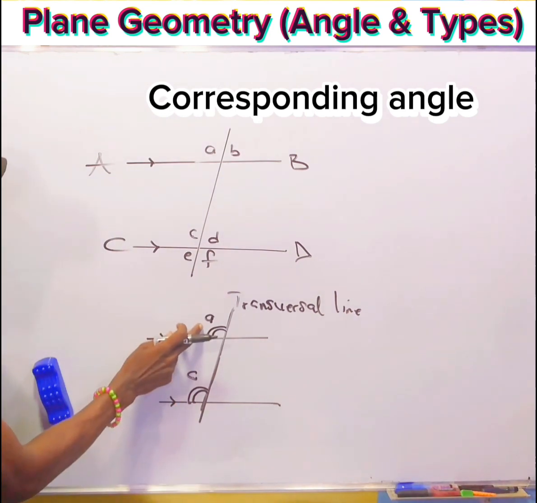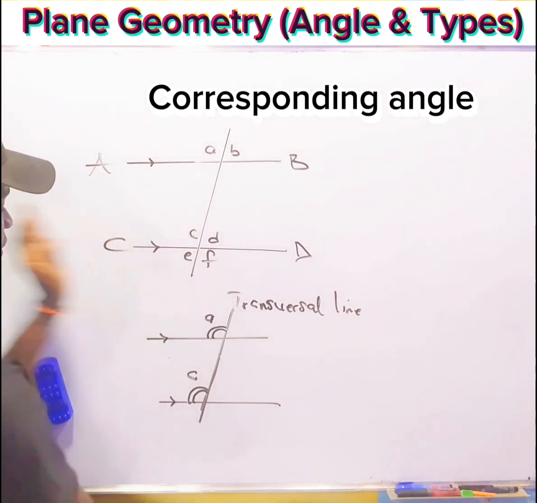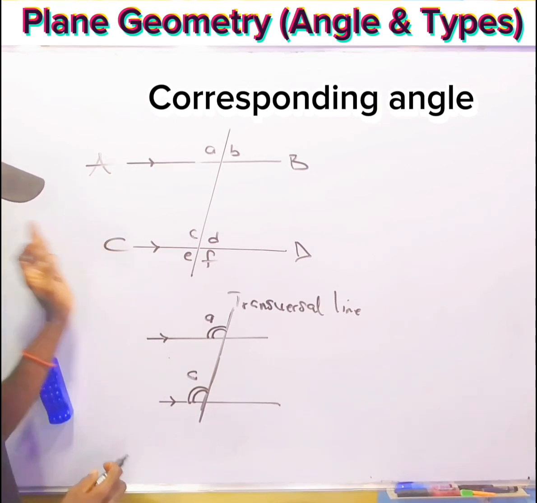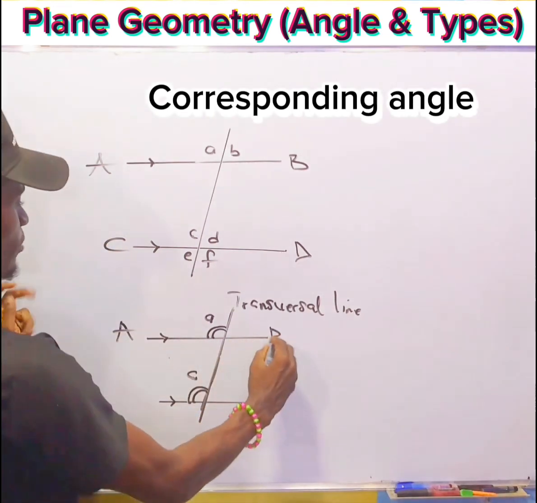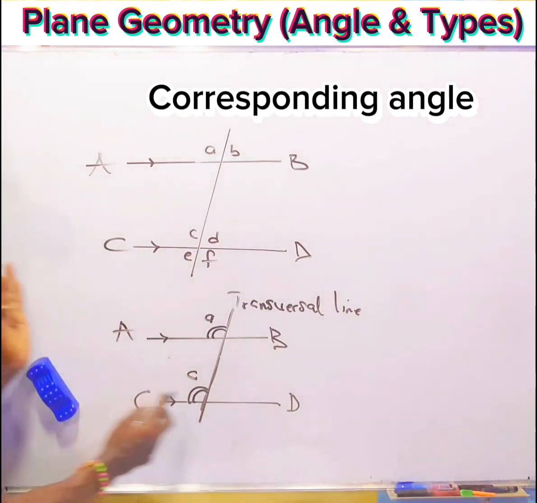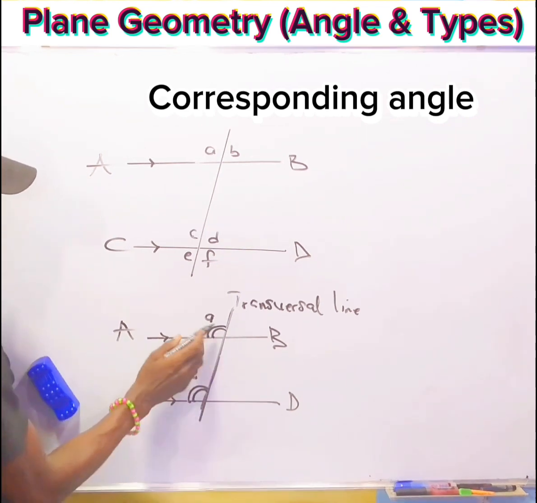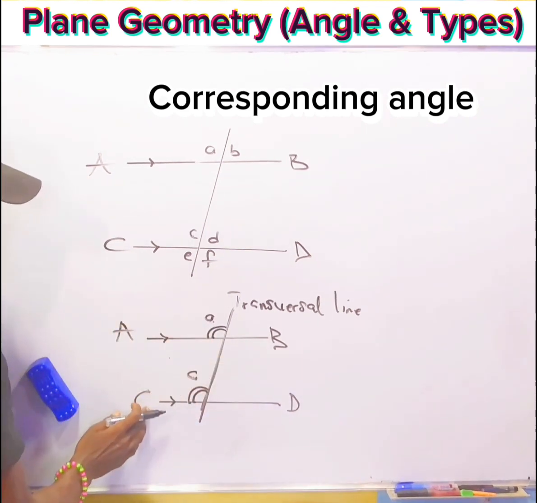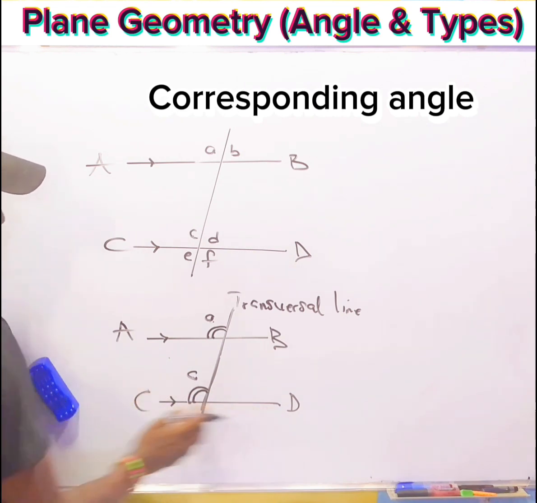Now, if you look at A, it is formed on the top left of line AB, just like C is formed on the top left of line CD. A is formed on top left of line AB. C is formed on top left on line CD.